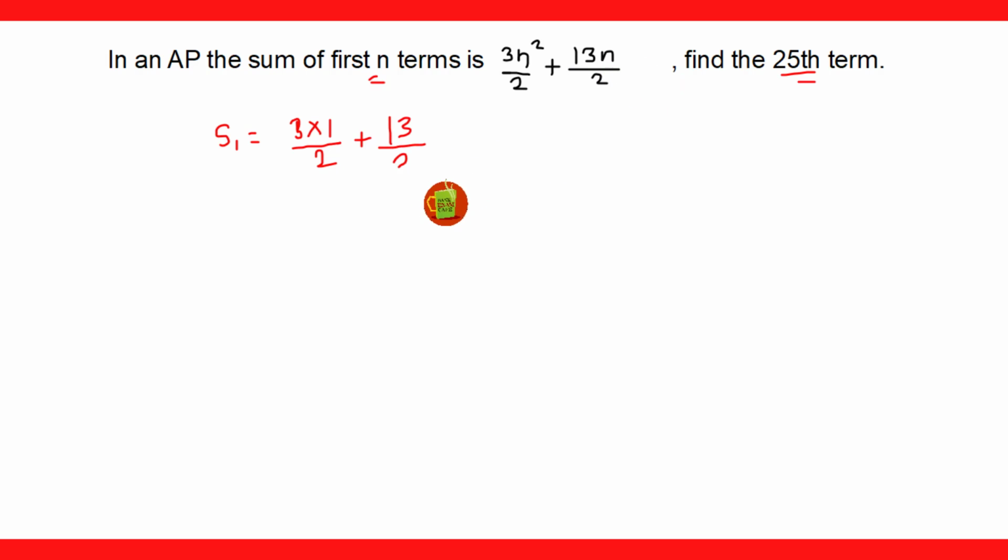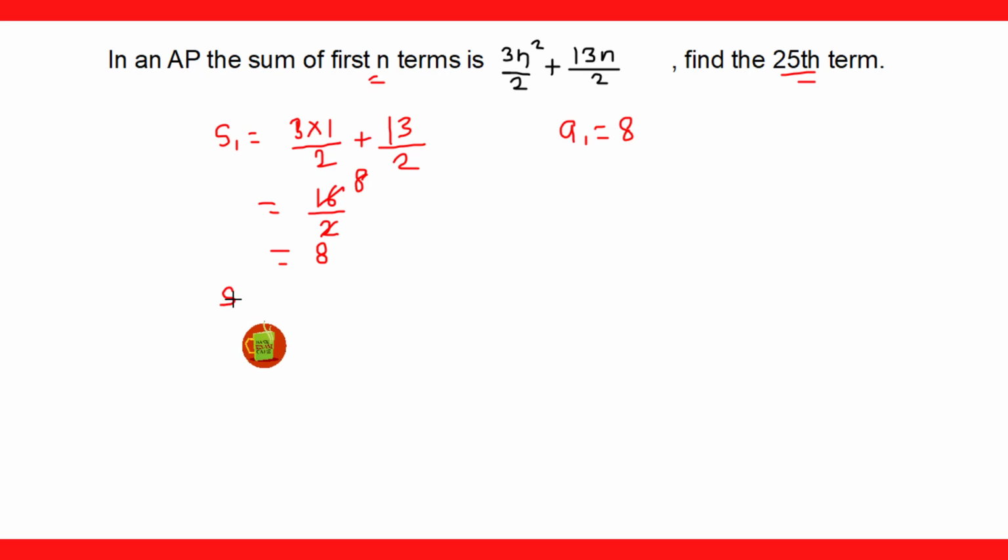So 3 plus 13 is 16, and 16 upon 2 is 8. So the sum of the first term is 8. It means A1 is also 8. The first term is 8.